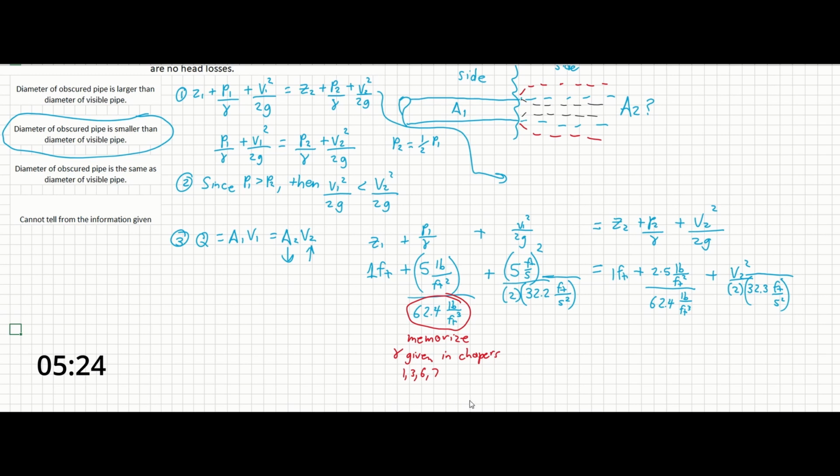And if we do all that, we will see that V2 equals 5.25 feet per second. And this is going to be greater than V1, which we said was 5 feet per second.